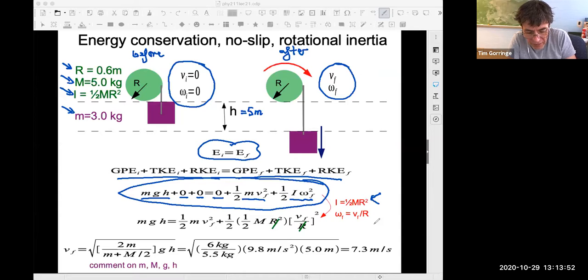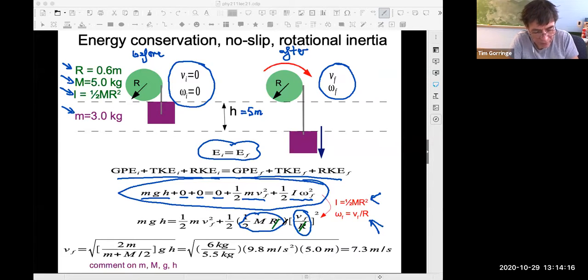I can write the angular velocity of the pulley in terms of the linear velocity of the bucket, and feed those two things in. Over here on the right, that's where I replaced omega_f with v_f. Next to it, that's where I'm replacing I with the mass and the radius of the pulley.